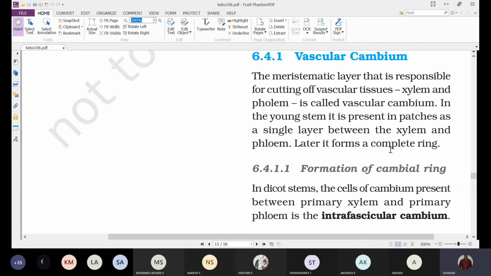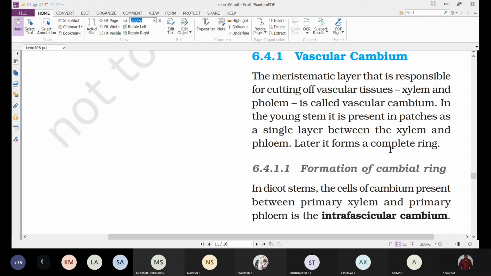These are usually parenchymatous cells, but later at the time of secondary growth, they regain the capacity to undergo cell division. They were formed from meristematic cells by differentiation, and some of them became parenchymatous cells placed between the xylem and phloem, which we call cambium.